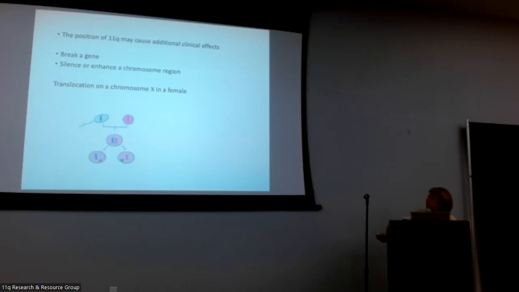So what happens when a piece of chromosome is attached on a chromosome X in a female? Although by chance, the normal chromosome X and the one attached to chromosome 11q have the same chance of being suppressed, what survives is the cell line where the translocated X is not working, because it's less viable.